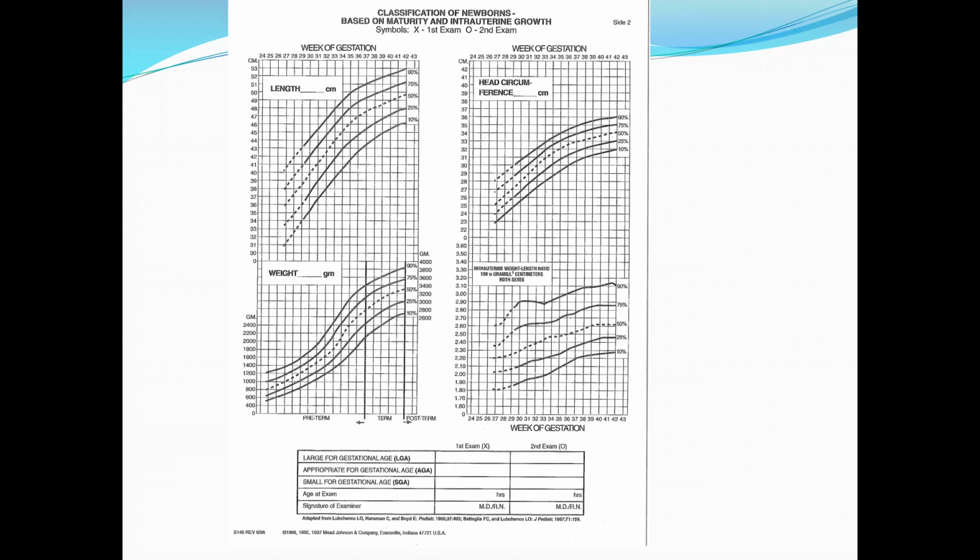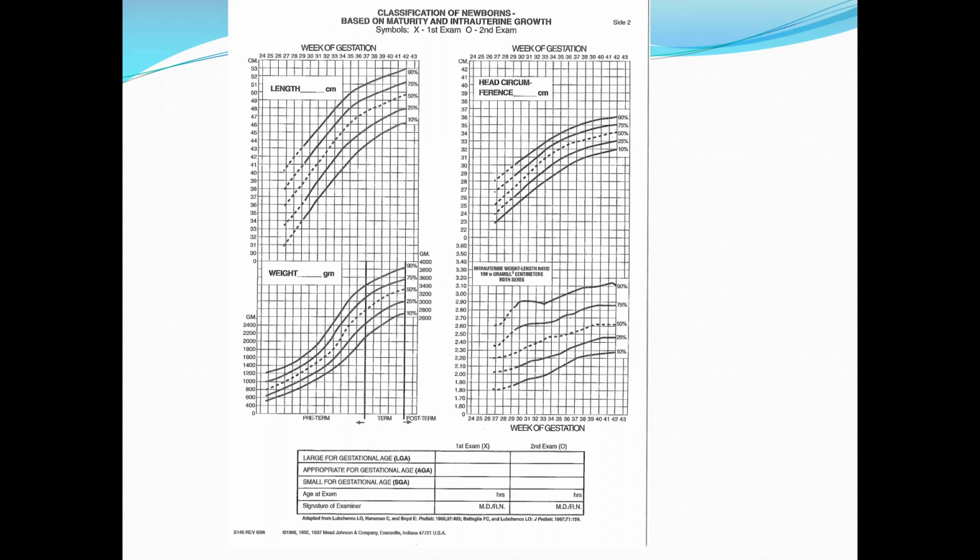So this baby at 26 weeks, look for 31 centimeters and put a dot. That's right on the edge, isn't it? It's 10%. So even though they're born prematurely, they're smaller than they should be for that age.